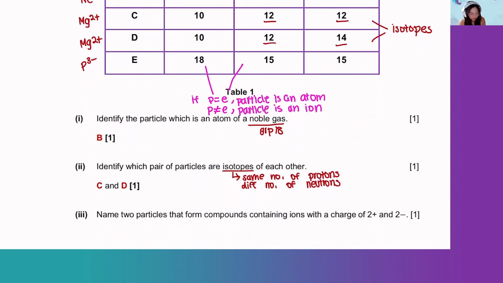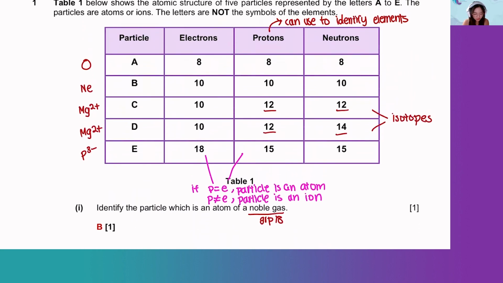Okay, then for part 3, name two particles that form compounds containing ions with a charge of 2 plus and 2 minus. The 2 plus is very easy, already settled for us, which is either C or D. So that leaves us to find the element that can form an ion with a charge of 2 minus. It's between oxygen, neon, and phosphorus.